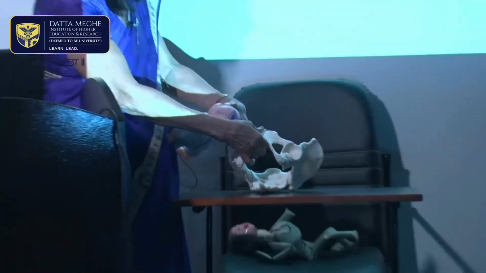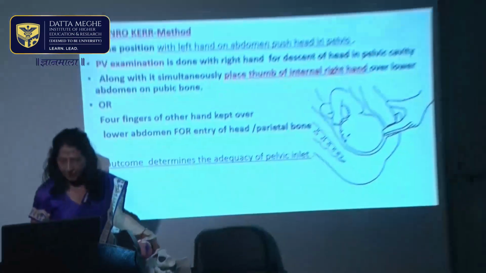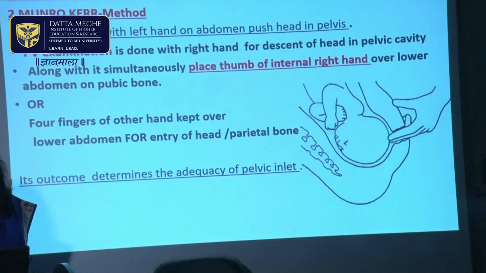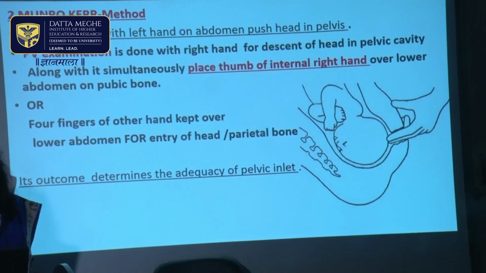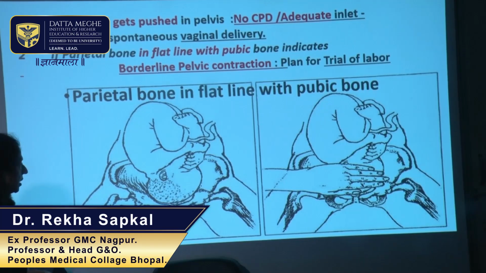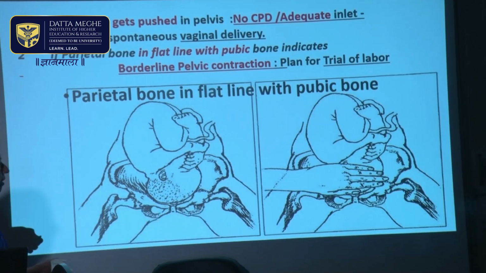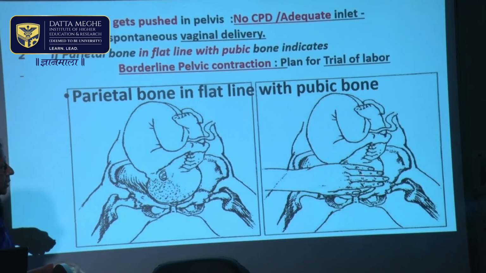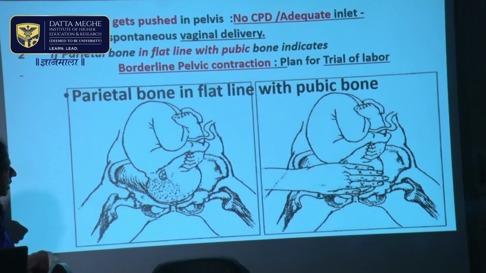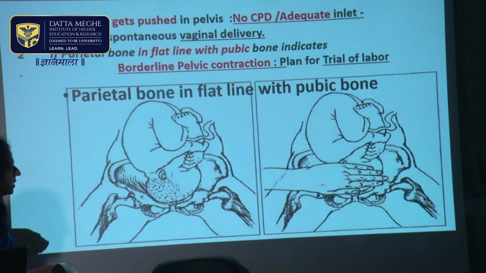Okay? This is how the clinical assessment of the CPD is done. Here the head has already entered, the parietal bone has already crossed the pelvic cavity. So, here it has crossed the pelvic cavity and here it is in line.